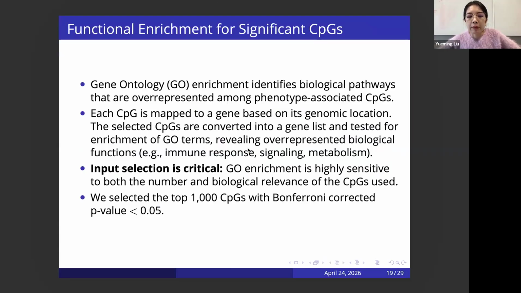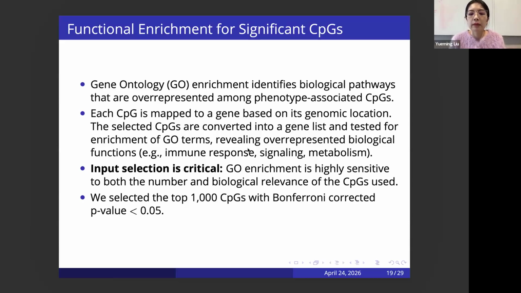So I would like to explain why we are picking the top 1,000 CpGs. If for each reference set we use a threshold of significance, then for each reference set the number of the input set is different.